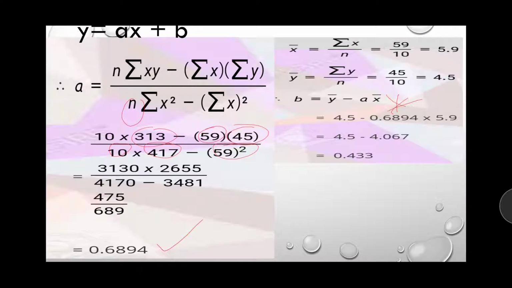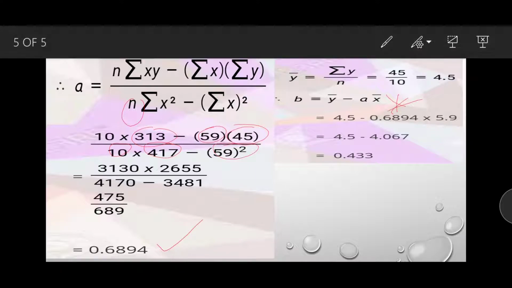Let's forge ahead to get our y bar. The formula is summation of y over n. That's the mean of the y's.